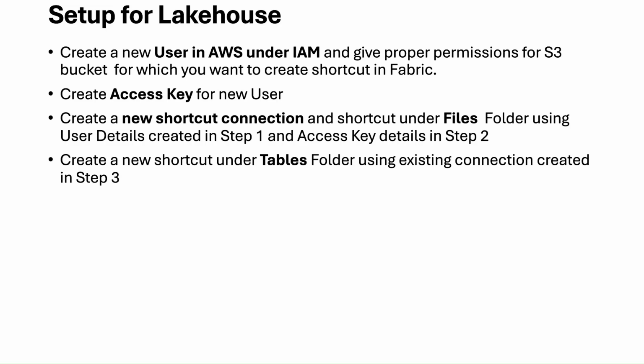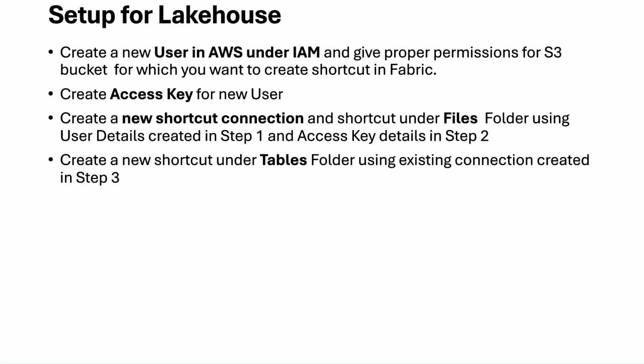And once we are done with the new user and it has the proper permissions, we need to configure the new connection for the shortcut. If you already have a connection, you can use the existing connection. We first create a shortcut under the Files folder, and then the shortcut under the Tables folder. That will be a table shortcut, and a file shortcut is normally called a shortcut.